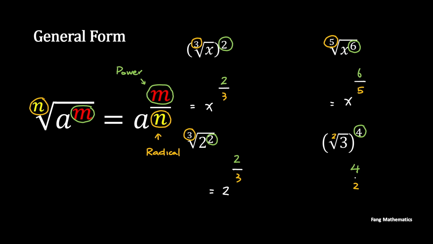So 4 over 2. And we attach the base. And now, if you are to look at this, 4 over 2 can be simplified, right? 4 divided by 2 gives you 2. So you should get 3 to the power of 2. And if you are to simplify that further, I believe that should give you 9.